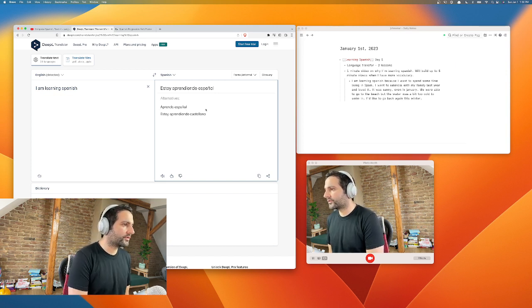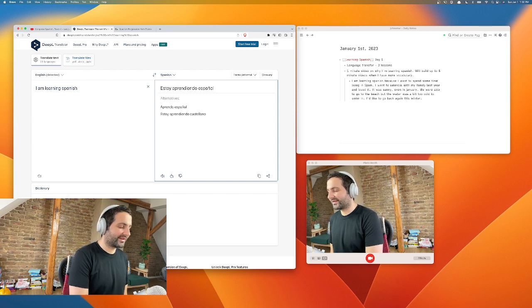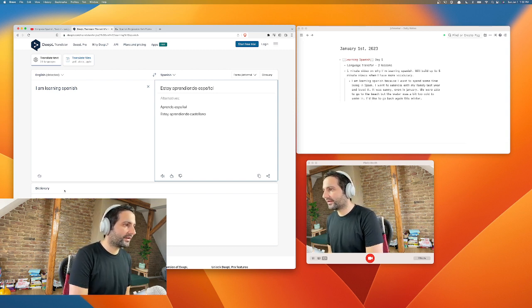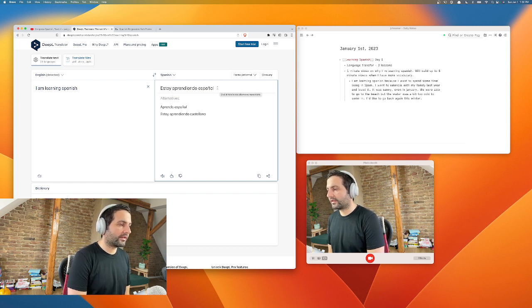Or a future tense of this verb aprender. Okay. So knowing other Romance languages helps a lot when learning another Romance language. I can quickly kind of decipher and make relationships between the languages that I've learned before. And that's obviously helping right now.